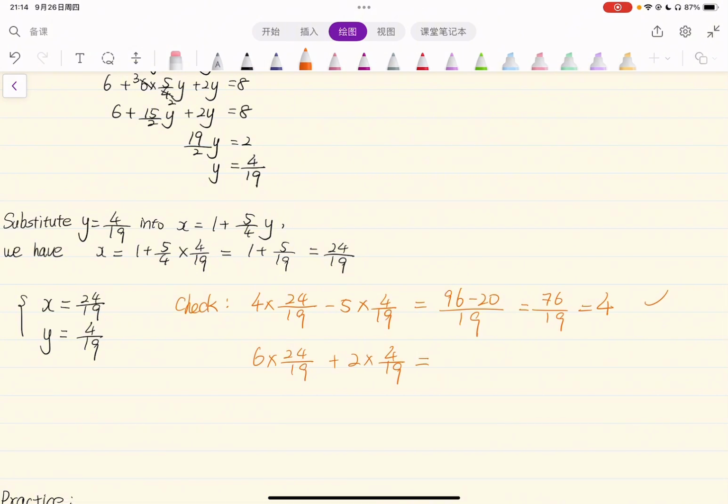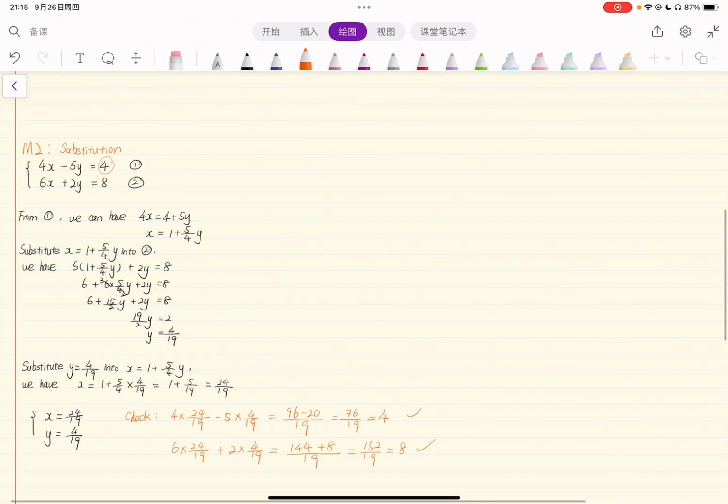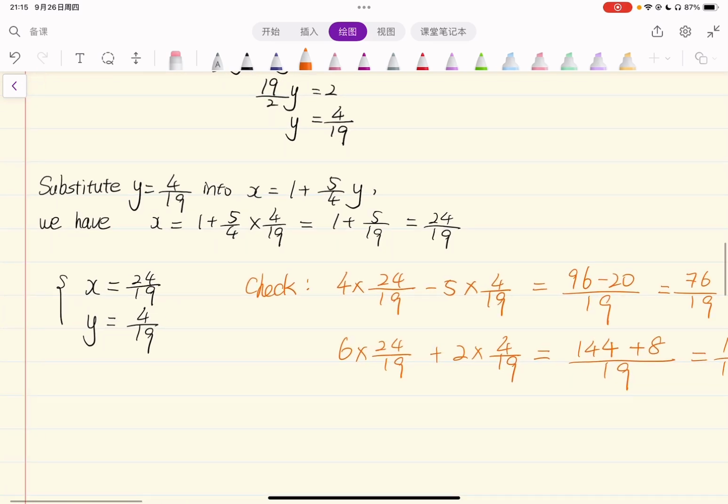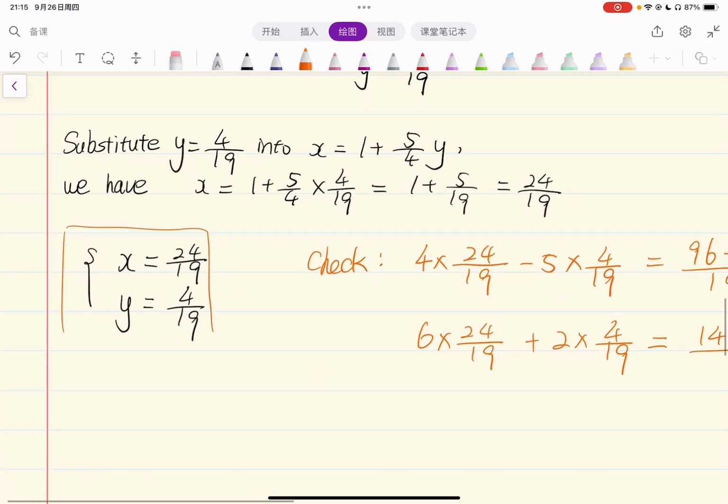So we have 144 plus 8 over 19 equals 152 over 19 equals 8, right? So the right hand side is also 8, so we have checked that this solution is correct for those equations.